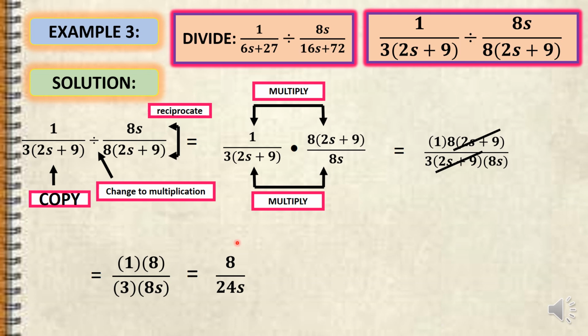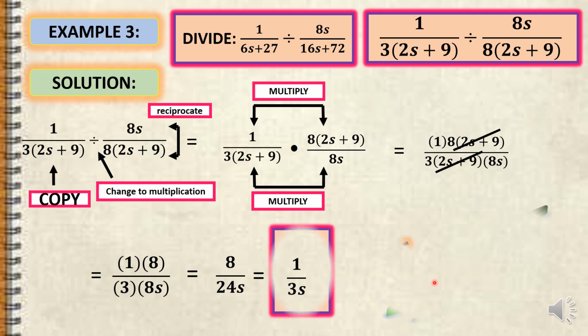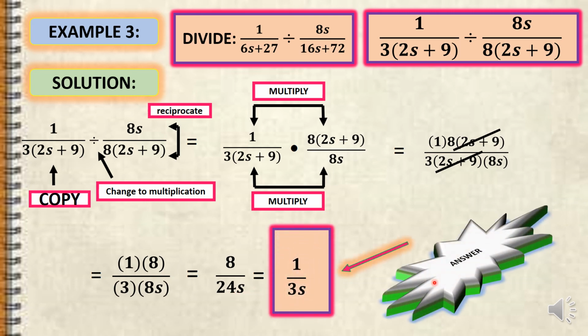So in this example, 8 and 24 have a greatest common factor which is 8. So 8 divided by 8, that is 1, and then 24 divided by 8, that is equal to 3, and then copy S. So therefore, our final answer is 1 over 3s.